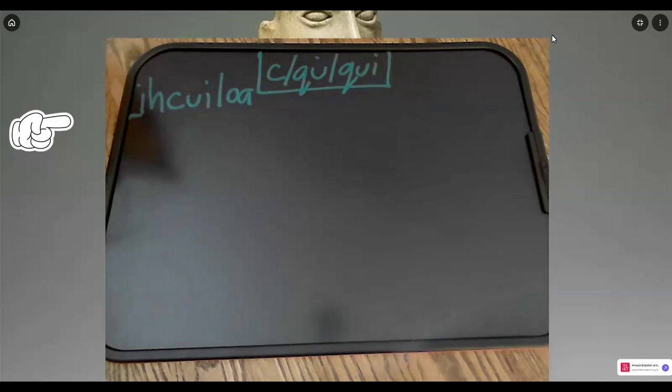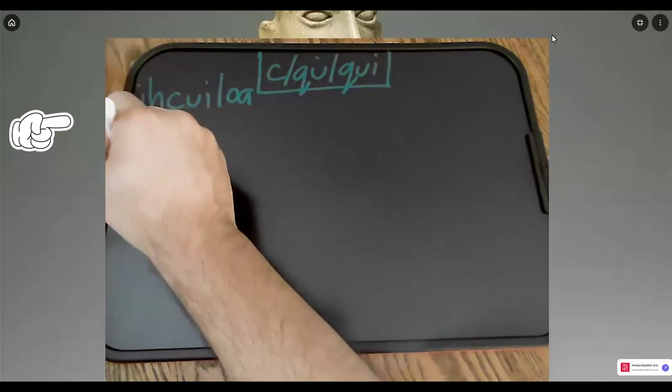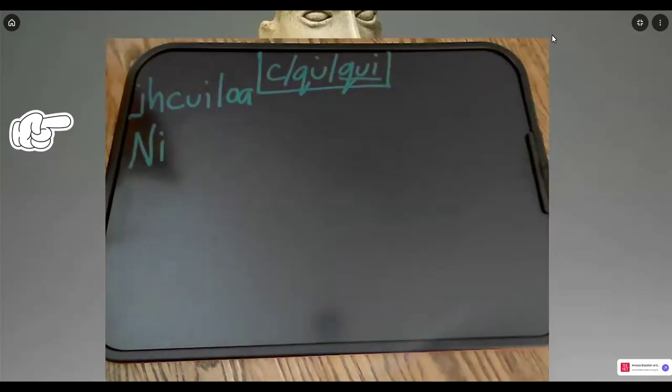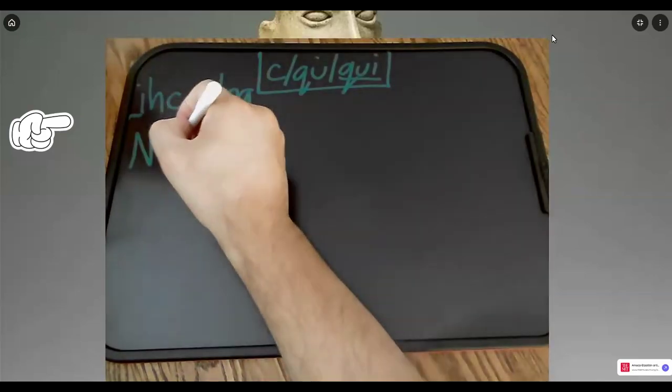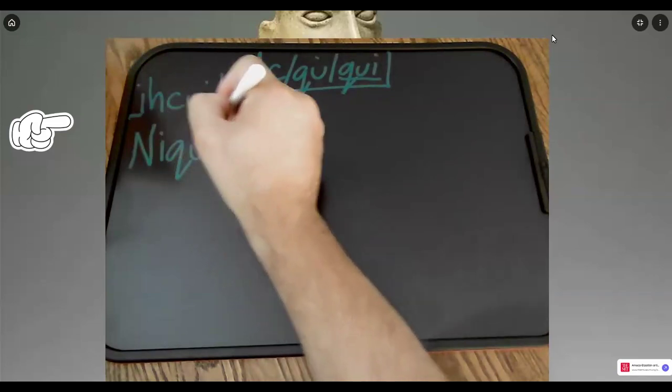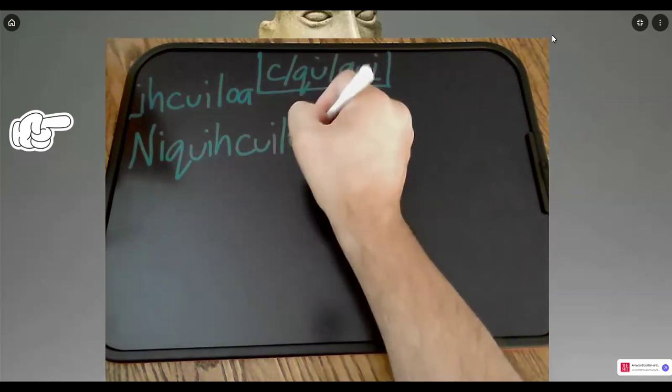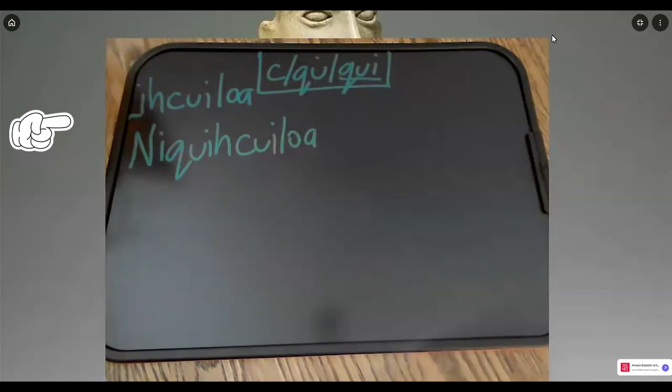So we have ni. With these, you always have to use the key. So it'll be ni, ki, qui, loa.